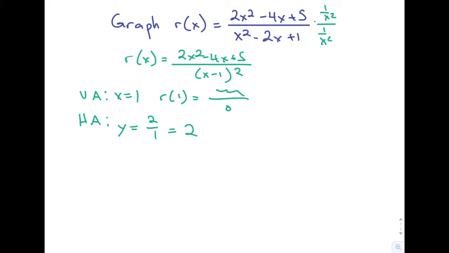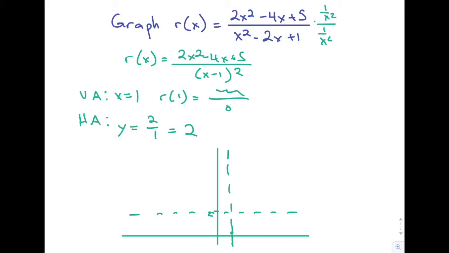All right, so we'll plot this. Maybe have something like this. We'll call that 2, and we'll call that 1. Now at this point, we could test some values. We could rely on some knowledge that we have. 2x squared over x squared, I have a feeling that's going to look a lot like just 1 over x squared, right?